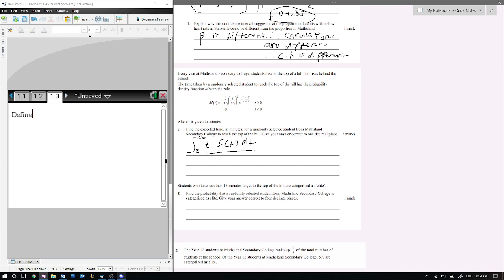Define m(t) is equal to t over 50 squared times e to the negative t on 50 cubed. Okay, and then, sorry guys, I'm just doing it on my calculator right now. I'll tell you the answer in a sec.